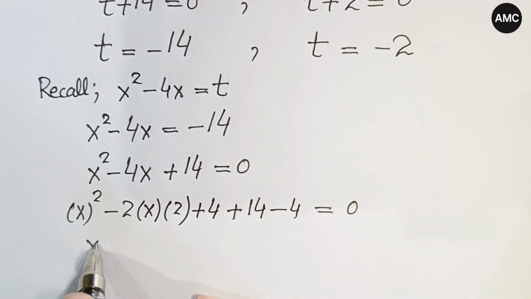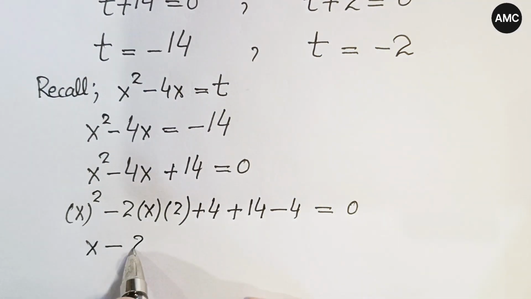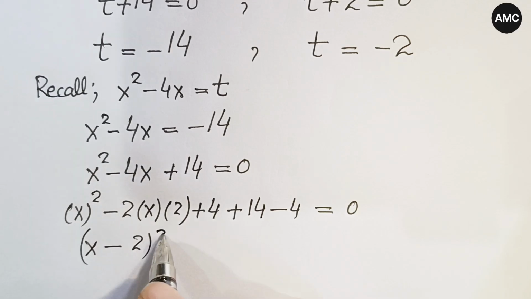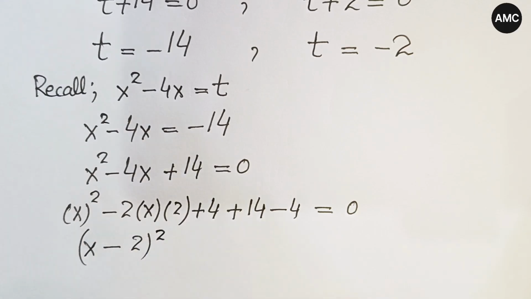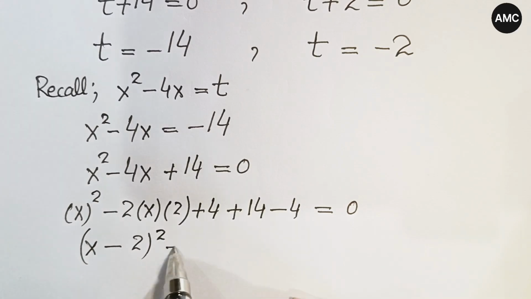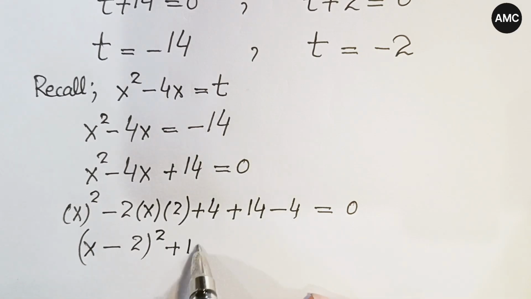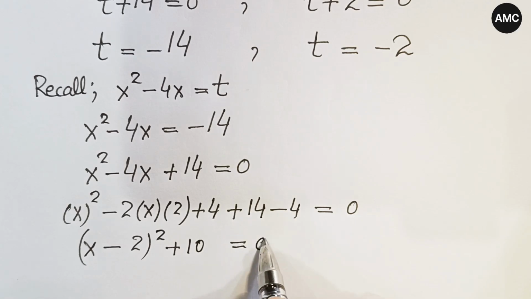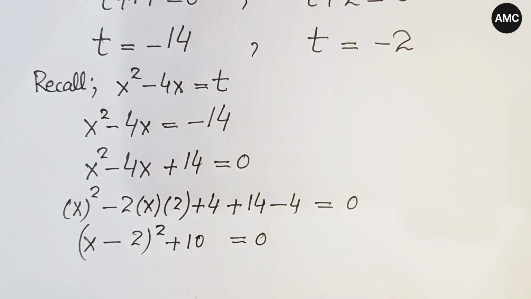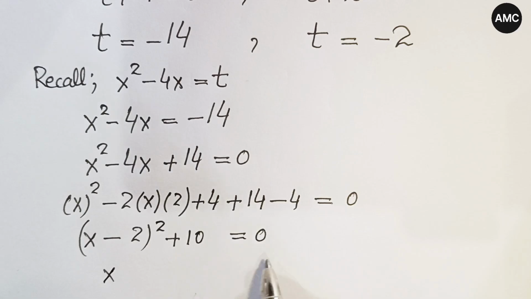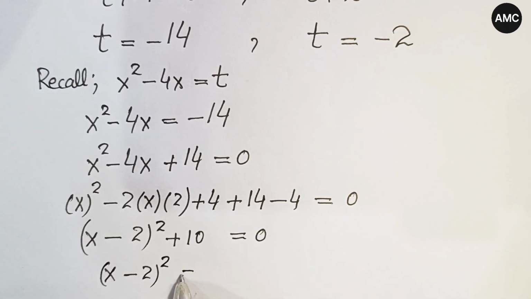So we can write this one like x minus 2 whole squared, because that is an algebraic formula. So here we have plus 14 minus 4, we get plus 10 is equal to 0. Now shifting plus 10 to our right hand side, we get x minus 2 whole squared is equal to minus 10.